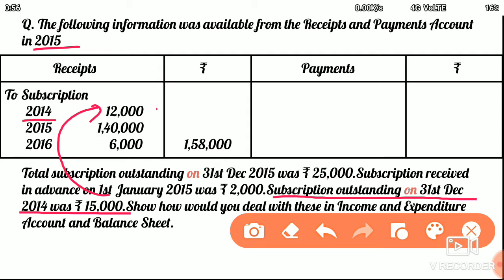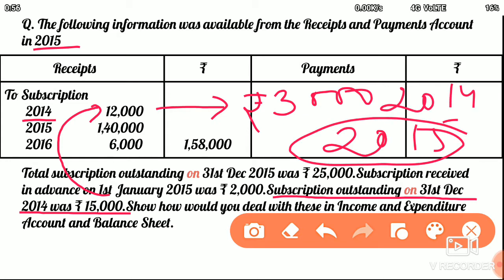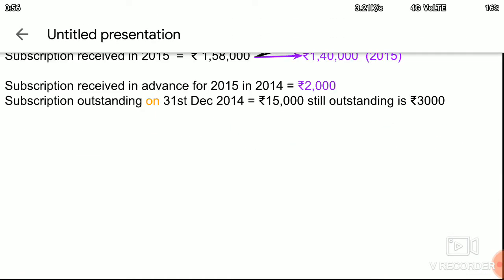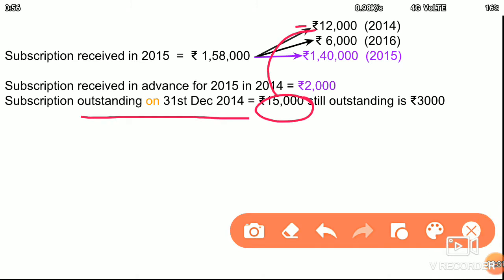So it shows that there is still an outstanding of 3,000 rupees even in 2015, which is the outstanding of 2014. So it is still there in 2015 also, which is not received from the members. So we have here subscription outstanding on 2014 was 15,000, out of which 12,000 was received. So still outstanding is 3,000 rupees even in 2015.